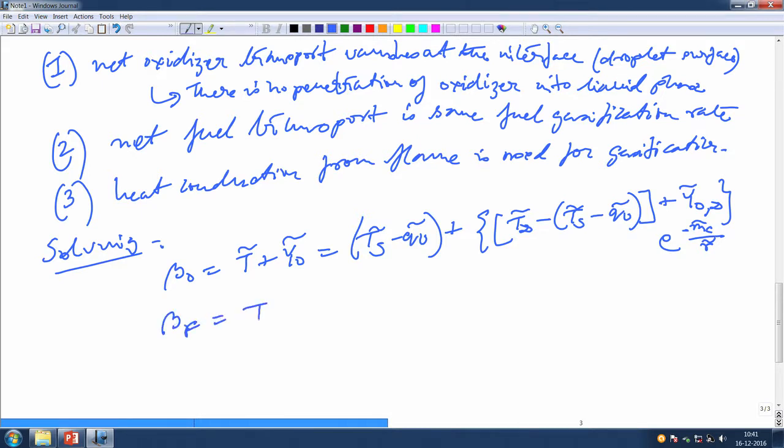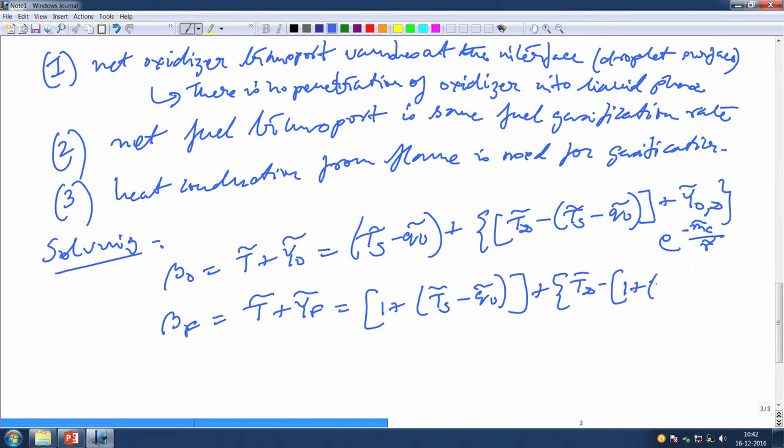Similarly, for fuel you can write another one. Okay. So, these are the two expressions. By solving this you get these two expressions over there, right.